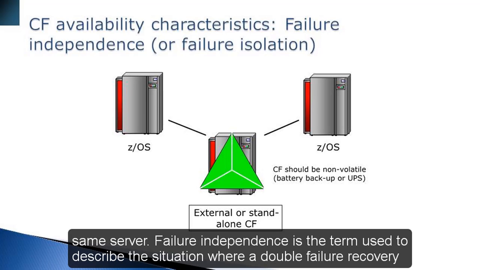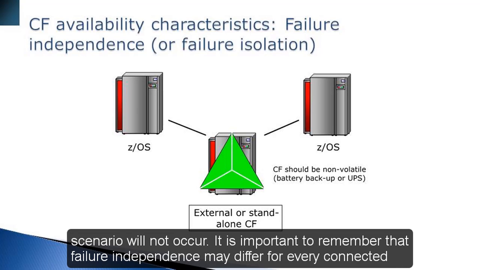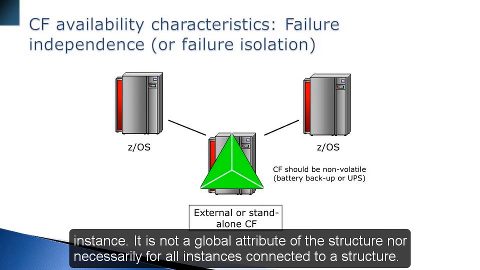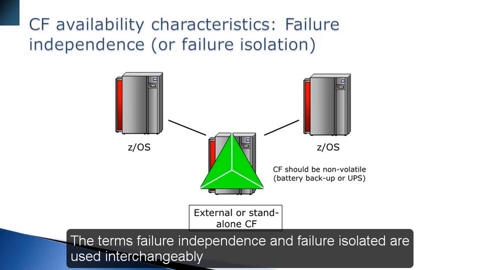Failure independence is a term used to describe the situation where a double failure recovery scenario will not occur. It is important to remember that failure independence may differ for every connected instance. It is not a global attribute of the structure, nor necessarily for all instances connected to a structure. The terms failure independence and failure isolated are used interchangeably.